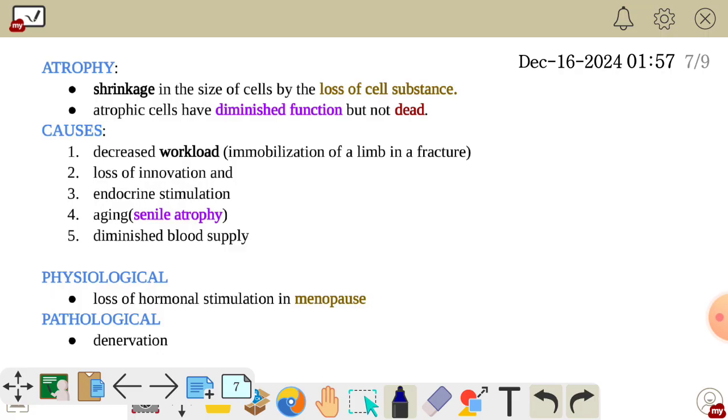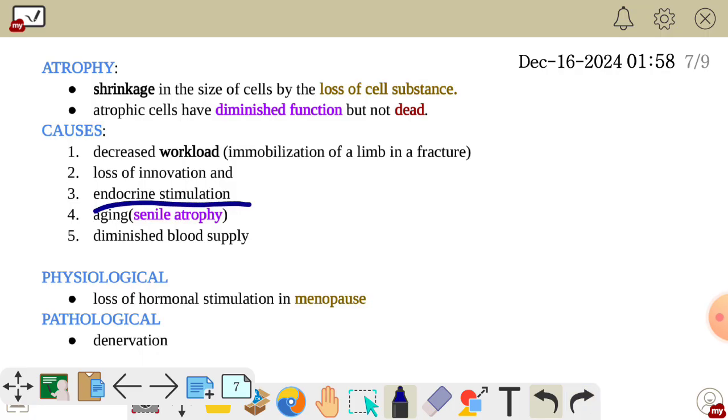So what will happen is that the cells in that limb will atrophy, so they will reduce in size. Then apart from that, the cause of atrophy can be loss of innervation. So that is innervation, not innovation. When the nerve supply to an organ is lost, those cells will atrophy, they will become small in size.